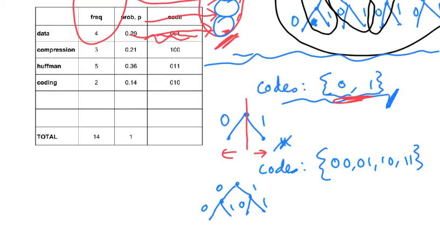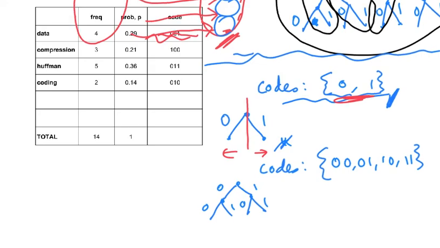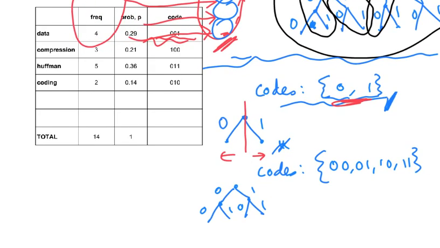Now suppose we think of it this way. Assuming that these codes have equal probability of happening, the probability will be half, and this will be half. Let's not talk about probability, but just think of dividing the number 1 equally among the codes here.